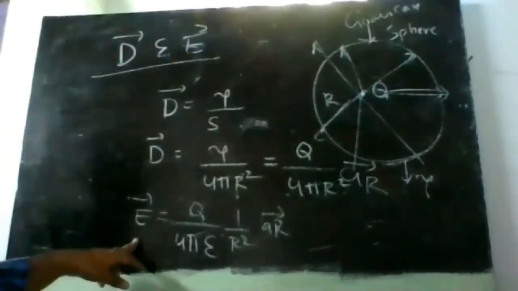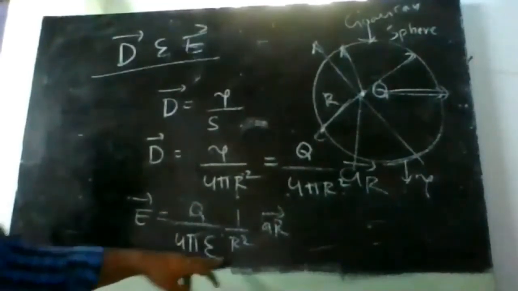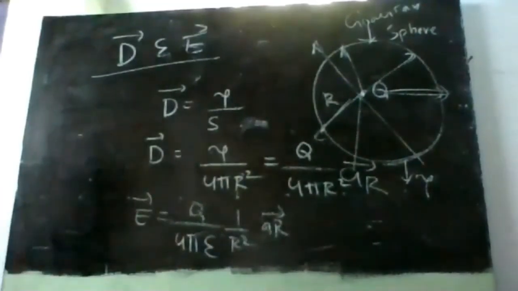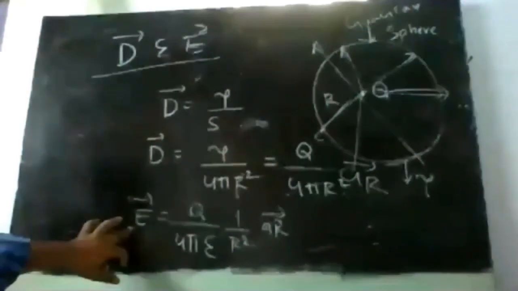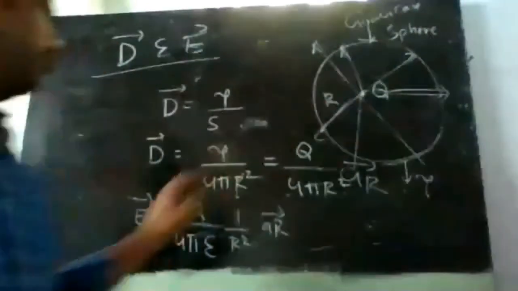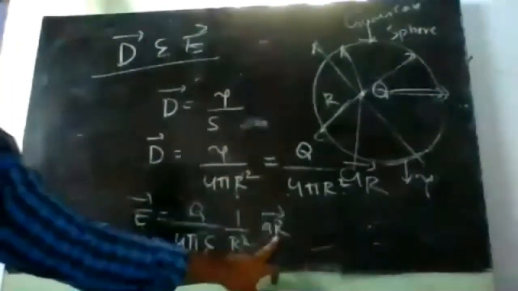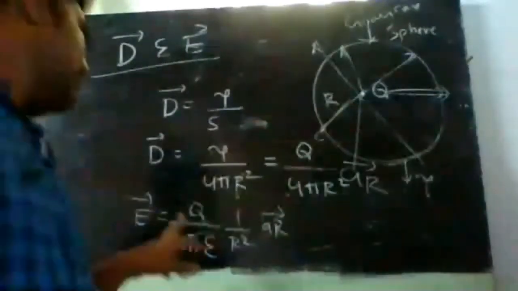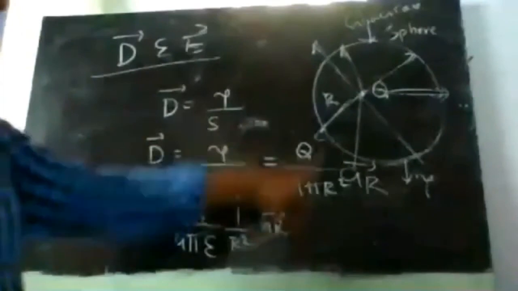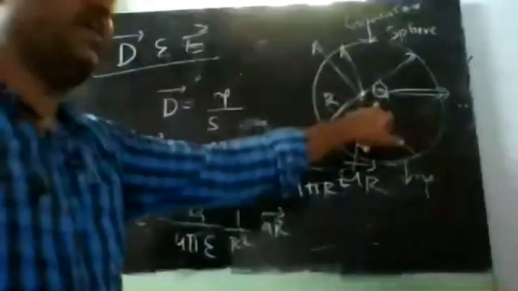So E bar is equal to q by 4 pi epsilon into 1 by r square into a r bar. This is the electric field intensity calculated using Coulomb's law at a distance r, because of this point charge.